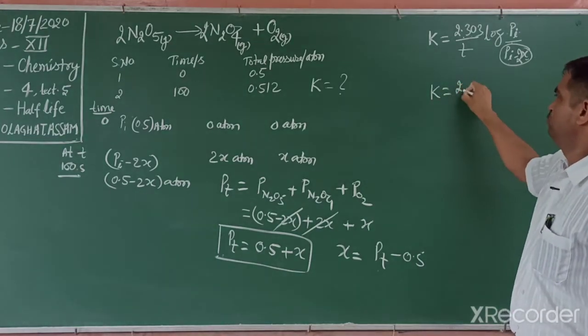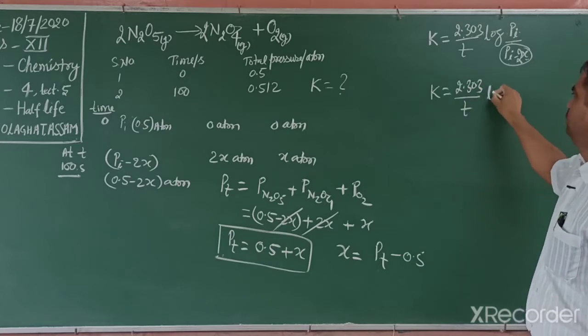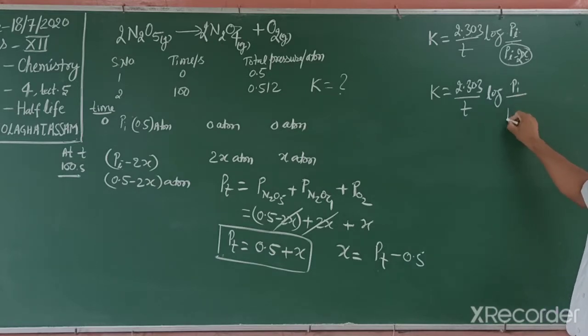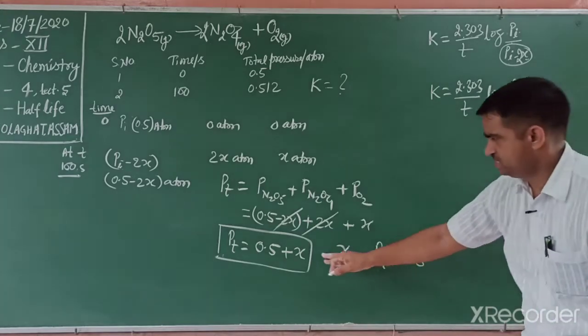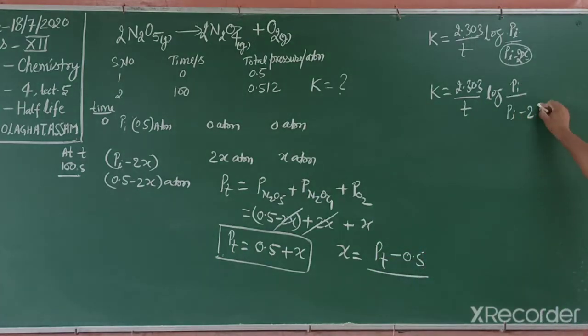K is equal to 2.303 divided by t log Pi divided by initial pressure, and then this given Pi minus 2, and we write x value. x value is given, that is P total minus 0.5.